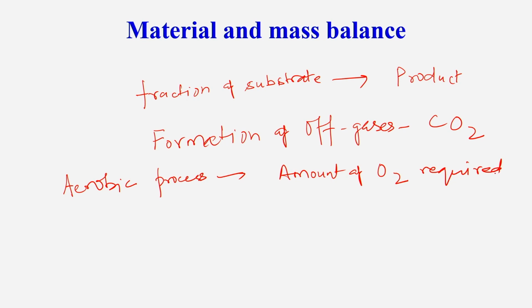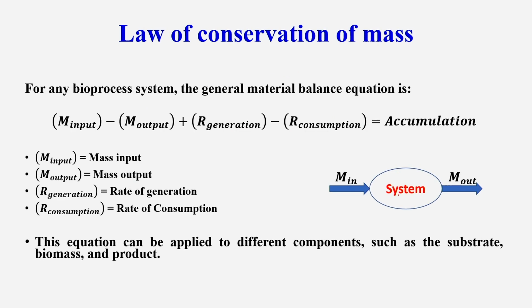That is considered as the inlet parameter. Typically, for the oxygen we do not supply pure oxygen, rather we supply air in the bioprocess. So, these are a few questions which you should be able to answer if you apply this material and mass balance.